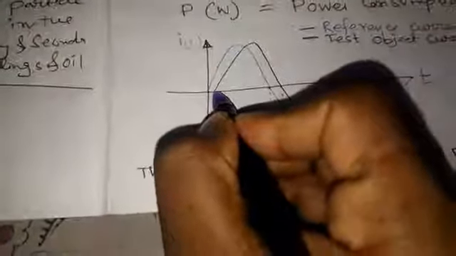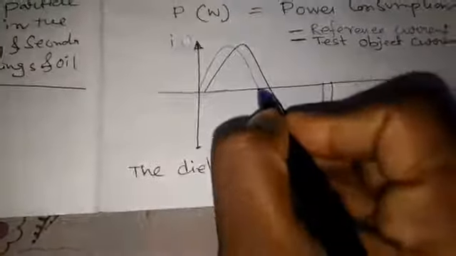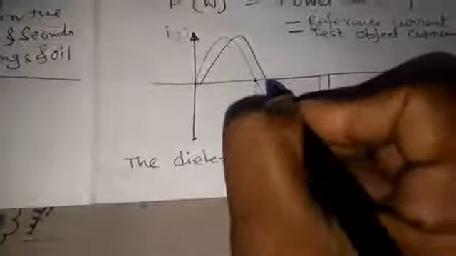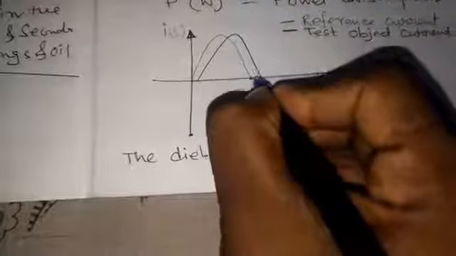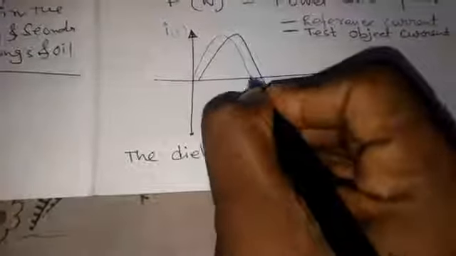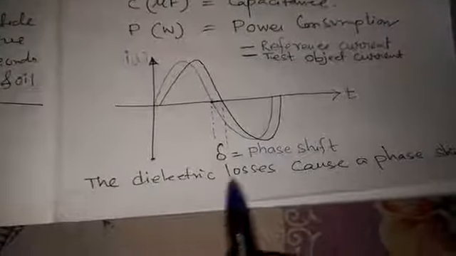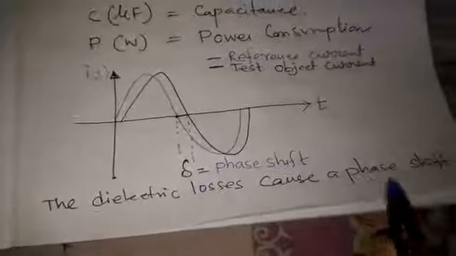These two points show the displacement of the angle. This is called the delta, the phase shift. So the dielectric losses cause the phase shift.